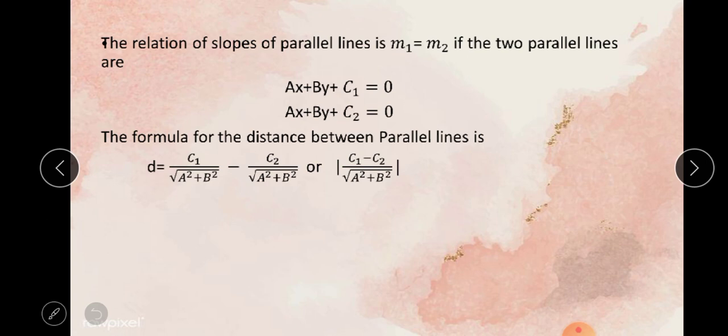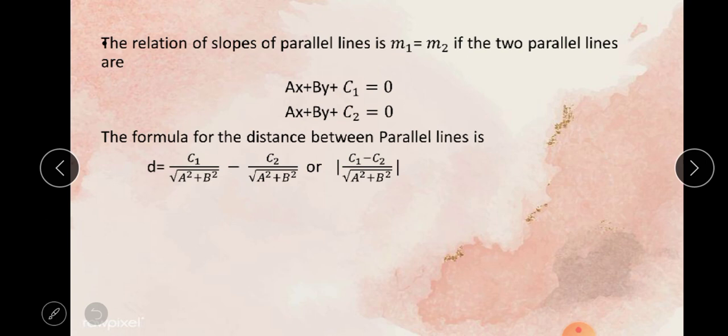Also, you can say that they are parallel lines if the A and B are equal or have the same value. For example: ax plus by plus c sub 1 is equal to 0, and ax plus by plus c sub 2 is equal to 0.